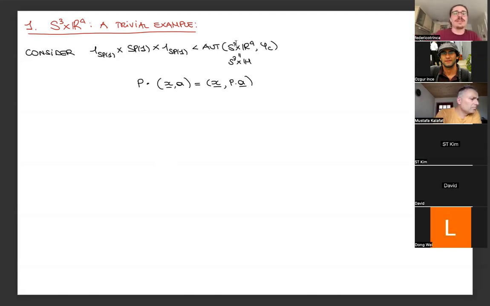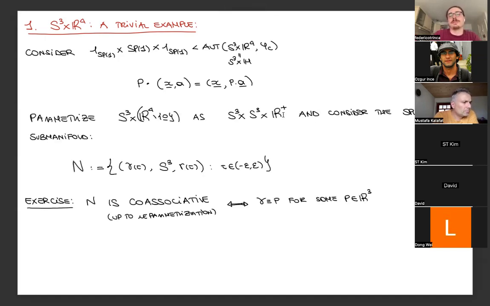So if you see S3 times R4 as S3 times S3 times R plus, what's going on is I'm acting on the second S3 by left multiplication. Now I need to consider the Sp(1)-invariant submanifolds in there, and these are just given by a path in my S3 and a path in R, where R is my R plus coordinate.